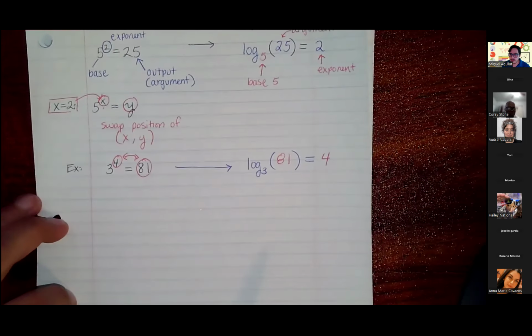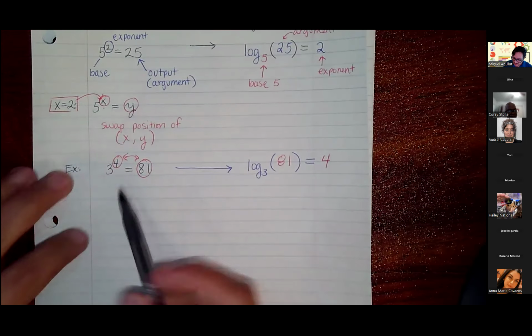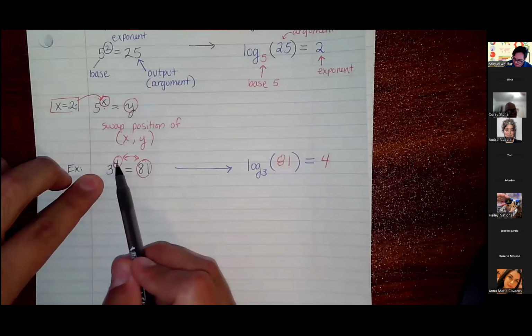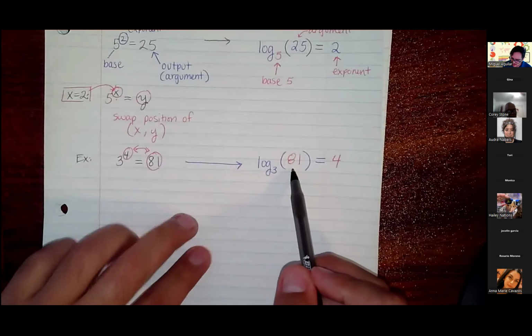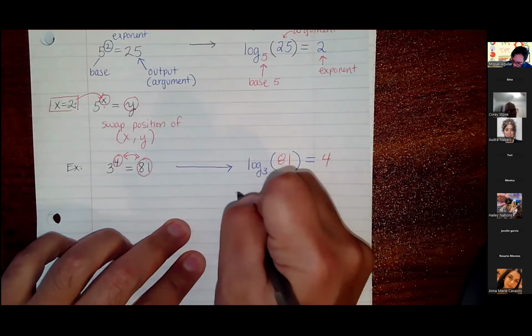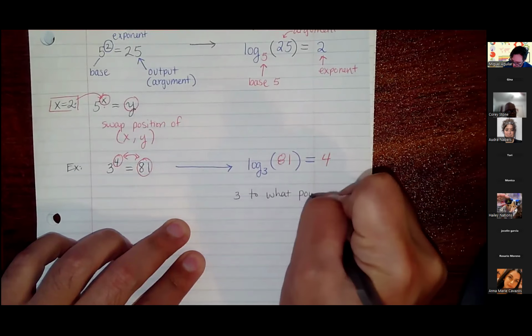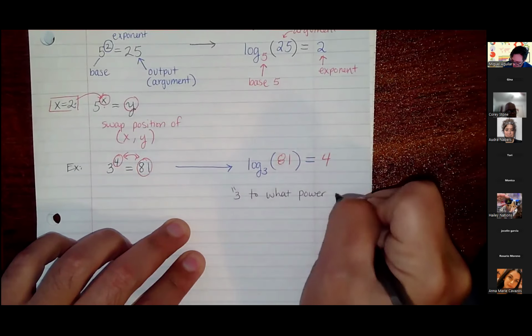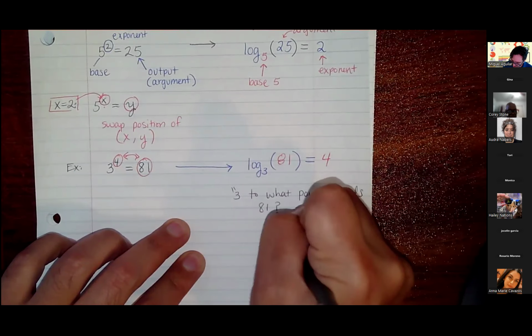Remember how I said a logarithm is like we're in Mexico and we want to convert back to dollars? If this is taking an exponent and then spitting out some number, the logarithm is really asking you: 3 to what power equals 81?